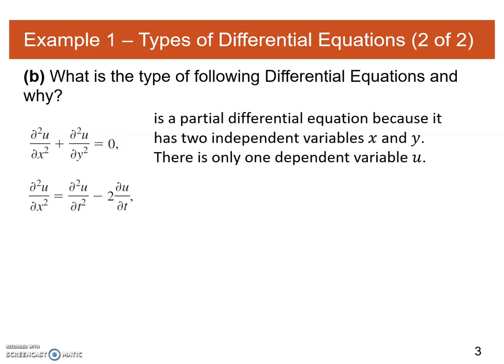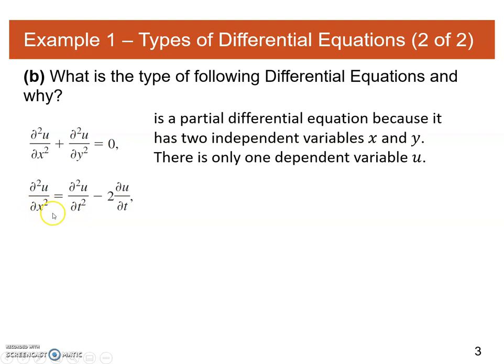Okay, the next equation is also a partial differential equation. The reason is not that we are representing it by this sign, which is sometimes called the dou, but generally speaking, we can also call it a partial. So it is not the reason. The reason is that there are more than one independent variable.